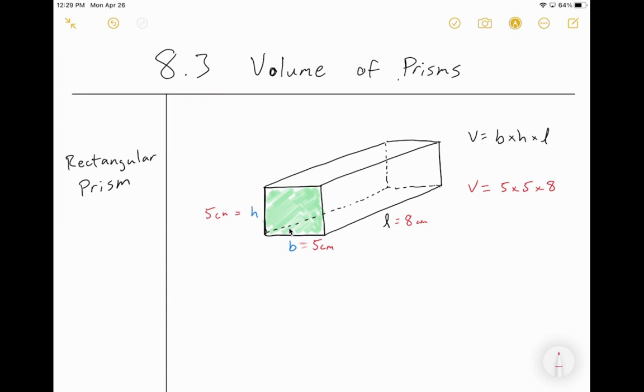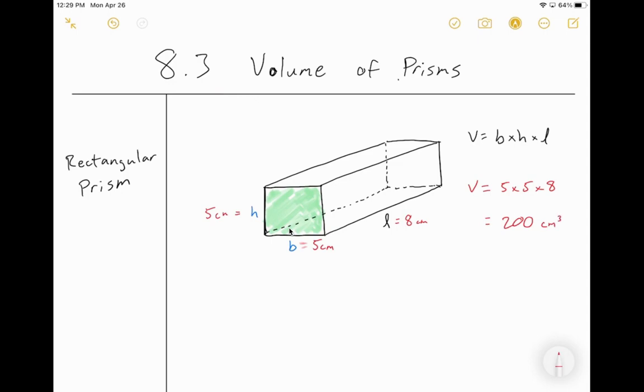You have your calculator there. You do 5 times 5 times 8, and you get the volume is equal to 200. Now the units are centimeters cubed.